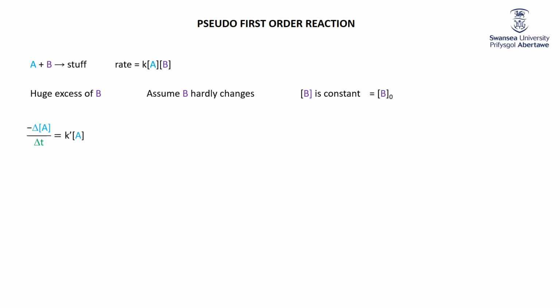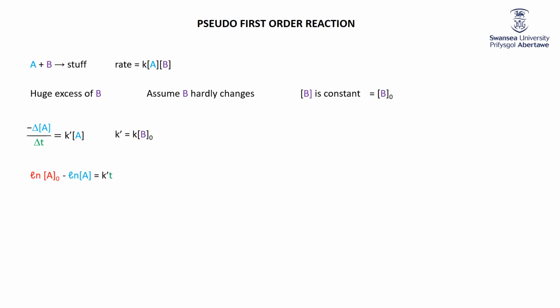Now, what that means is that we can assume that the rate of reaction, minus change in A over change in time, is going to be k prime times the concentration of A. So that's up here, rate equals k times A times B, where k prime is just the original k times the concentration of B, which we just said is going to be a constant.